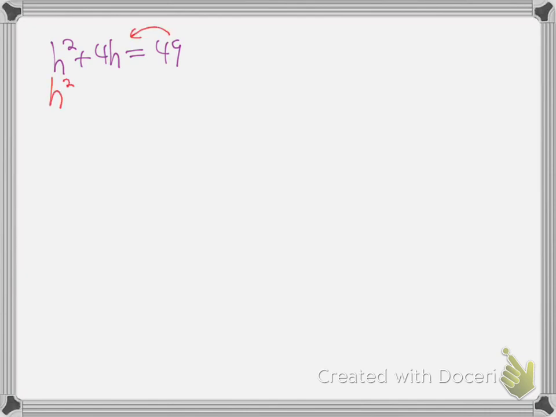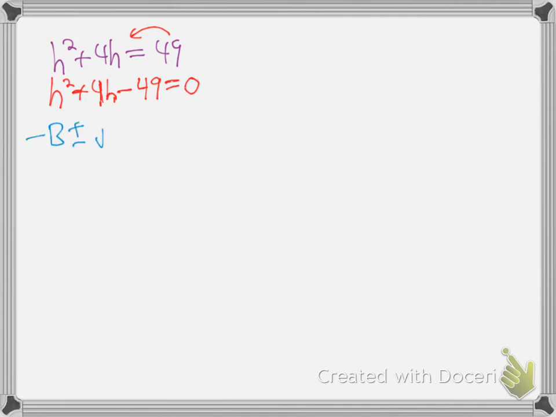Jump this over. h squared plus 4h equals 49. Okay, let's factor it. It doesn't factor. That's not going to factor. Let's do the quadratic formula.